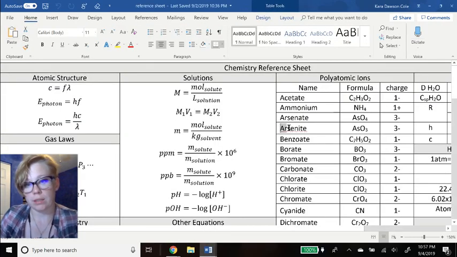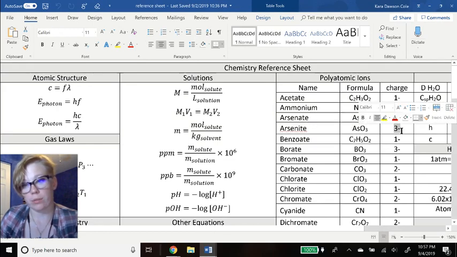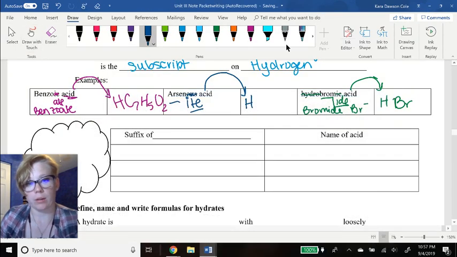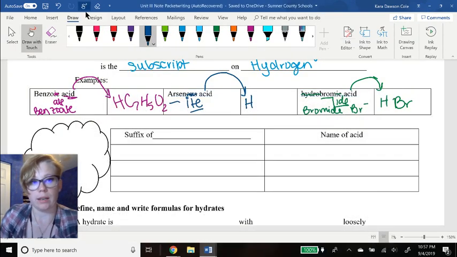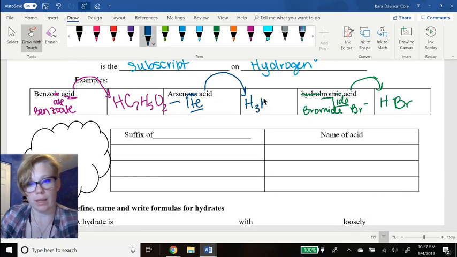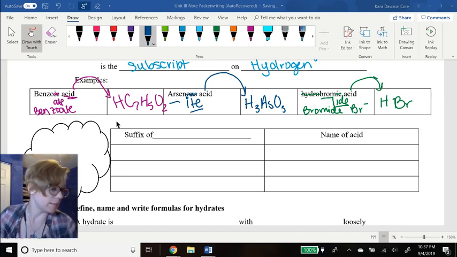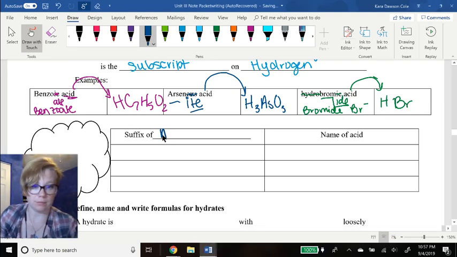There it is, arsenite, AsO3, with a 3 negative charge, which means I've got three hydrogen atoms bonded to that. So it's H3AsO3.